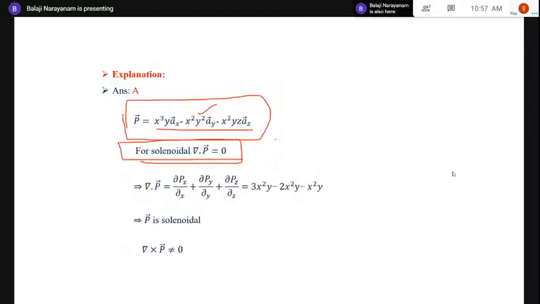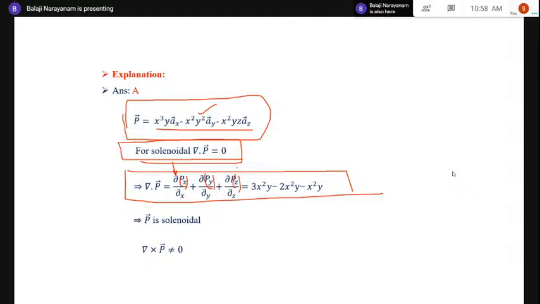For a solenoid, del dot P is equal to 0. We will discuss in detail how this identity came about. Del dot P can be computed as the dot product between the del vector and the P that is given: dou by dou x of Px, dou by dou y of Py, dou by dou z of Pz. So you may take this as 3x square y minus 2x square y minus x square y.